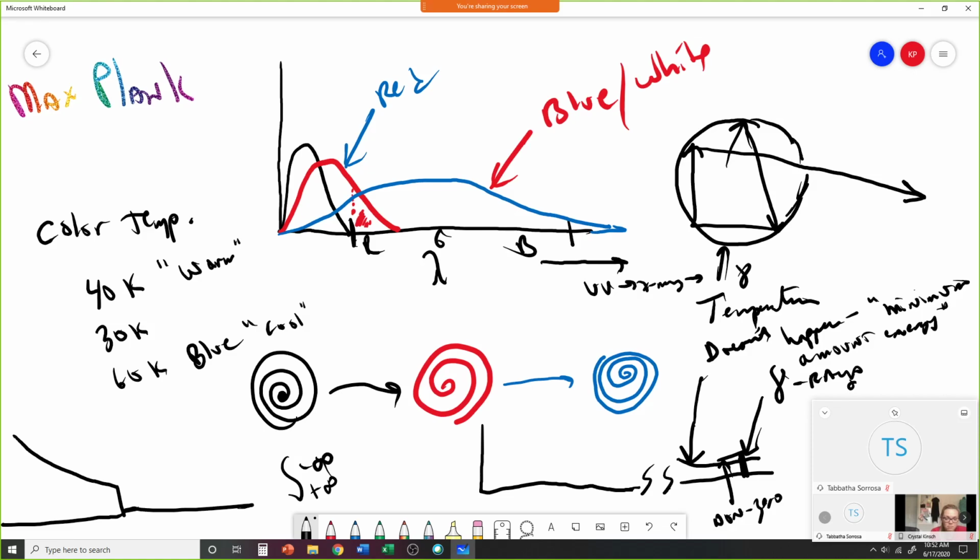And you know what he called it? He called it a quanta. The minimum amount of energy is now called a quanta. And this is where we get the word quantum from. Like quantum mechanics, quantum energy, quantum stuff that we're fixing to do. So he said basically there's a minimum amount of energy.